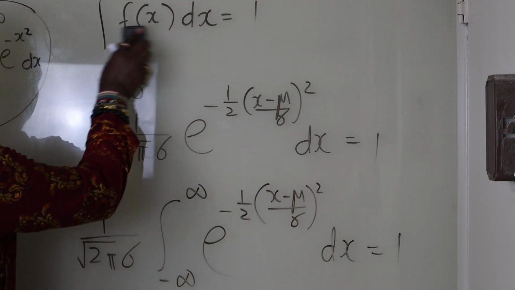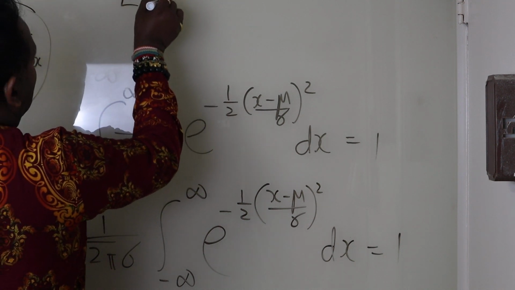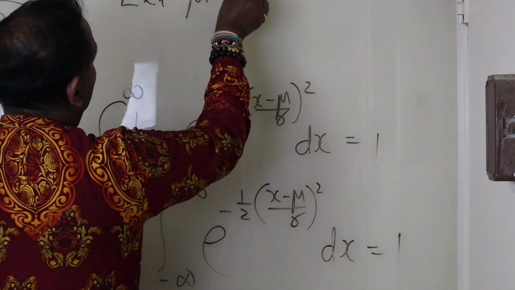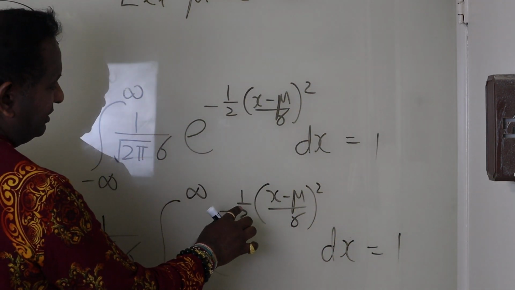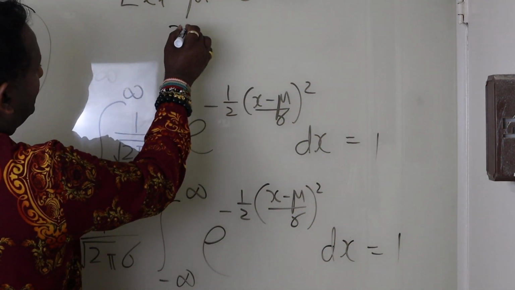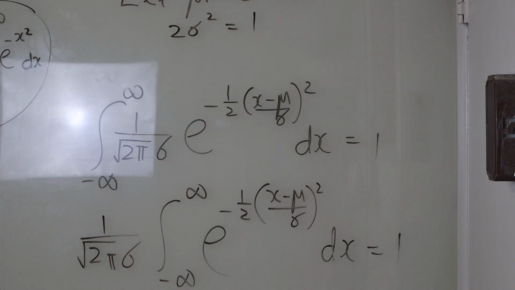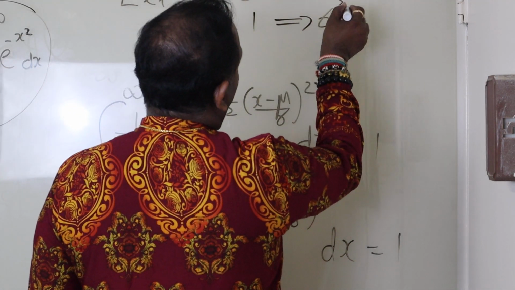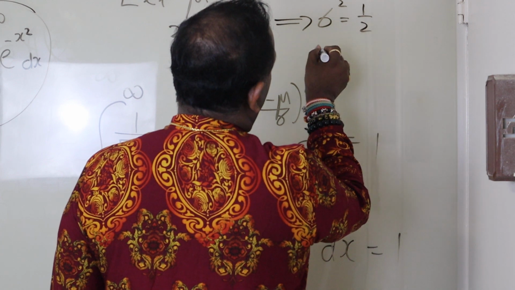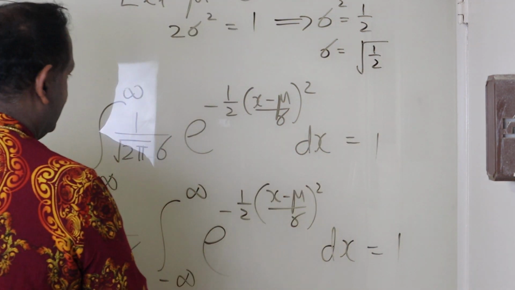Let mu equal 0, and sigma has to be how much? 2 sigma squared has to be 1. From this one you can easily get sigma. Sigma squared is 1 over 2, and sigma is 1 over root 2. We're going to take into account only the positive part.